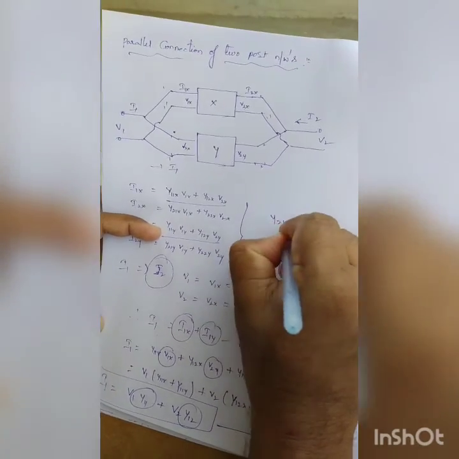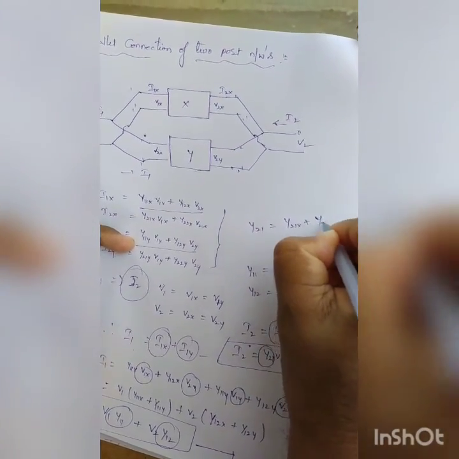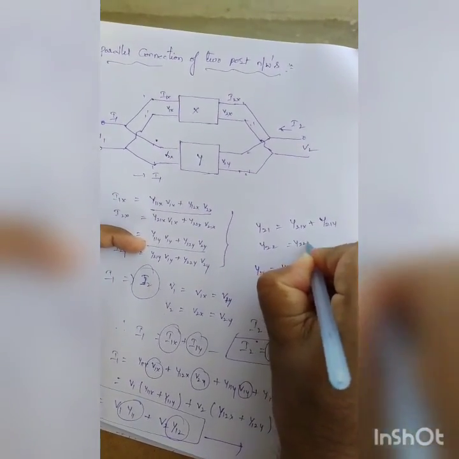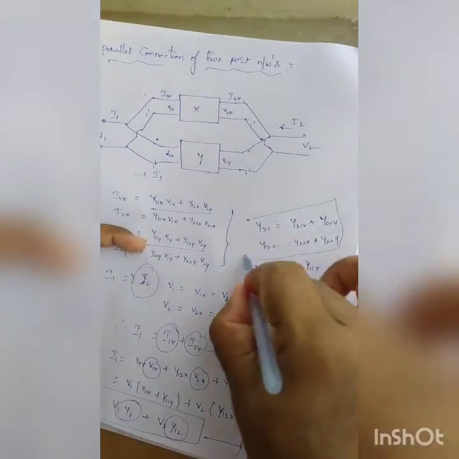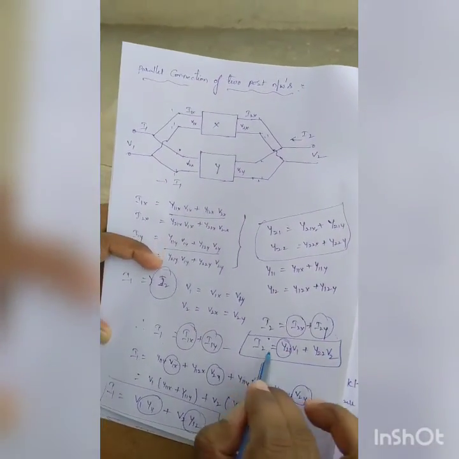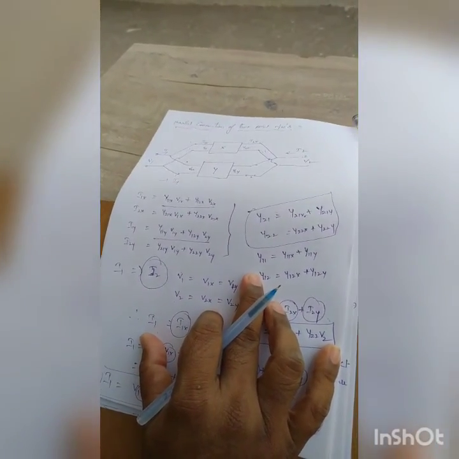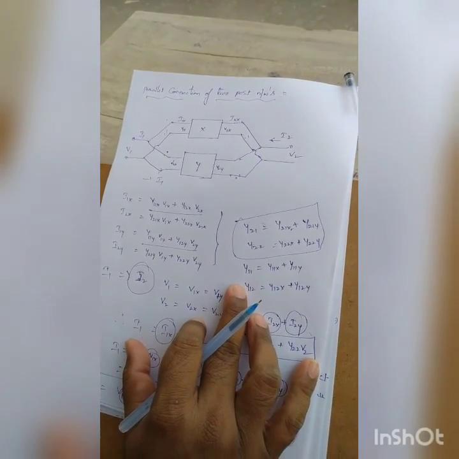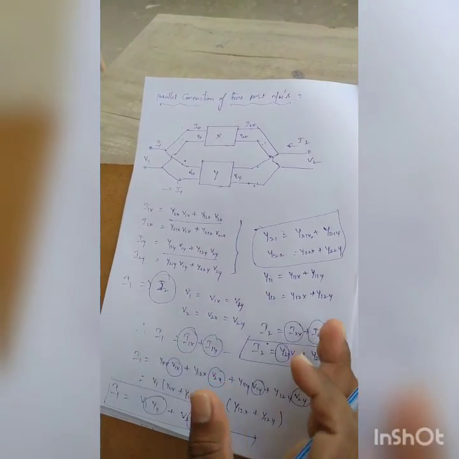Y21 is equal to Y21x plus Y21y, and Y22 is equal to Y22x plus Y22y. Then only you can find the current values in this parallel connection of two-port networks. This is called the Y parameters of the parallel networks.